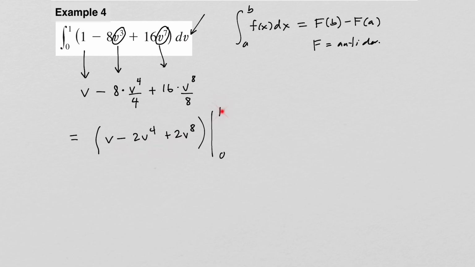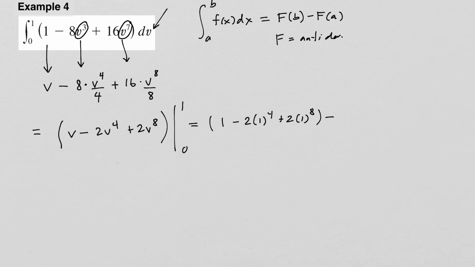Now I just need to plug in the top limit first, and then the bottom limit, and then subtract those quantities. So this becomes 1 minus 2 times 1 to the fourth, plus 2 times 1 to the eighth, minus, then when you plug in 0, you get 0 minus 2 times 0 to the fourth, plus 2 times 0 to the 8. Now 0 to any power is 0, so these all cancel out.